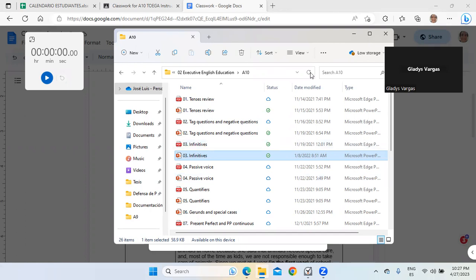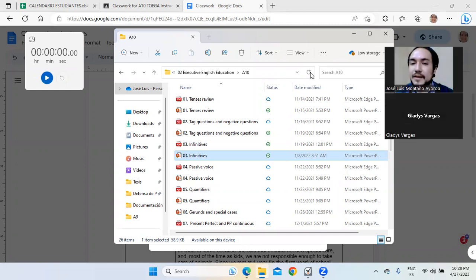I was mentioning what we did, trying to highlight the main things that we have to remember about the tenses, simple past, present perfect, tag questions, recognizing auxiliaries, then the infinitives: to use them after some verbs, to use them with other people, like I need you to help me with this, and to use them as purpose, like I'm studying English in order to get into college, in order to travel to the United States. So all those are the ones that we already covered.